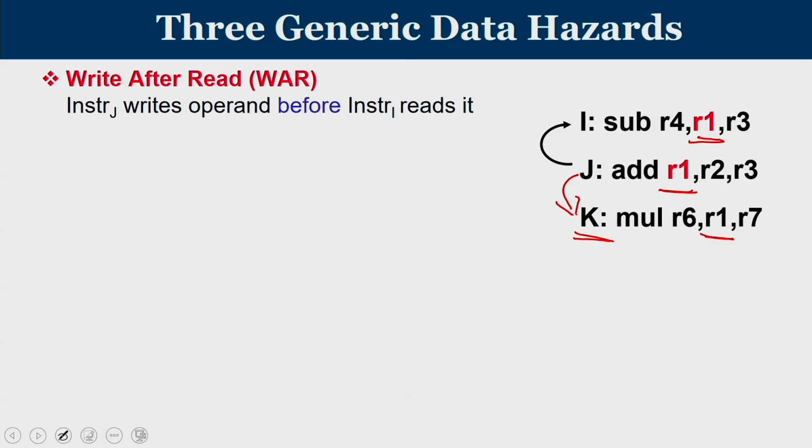Having said this scenario, if instruction J writes its value into R1 before instruction I reads it, in the normal scenario we feel that as per the program order, I happens first, followed by J and then K. So, under the ideal case it will not create a problem.